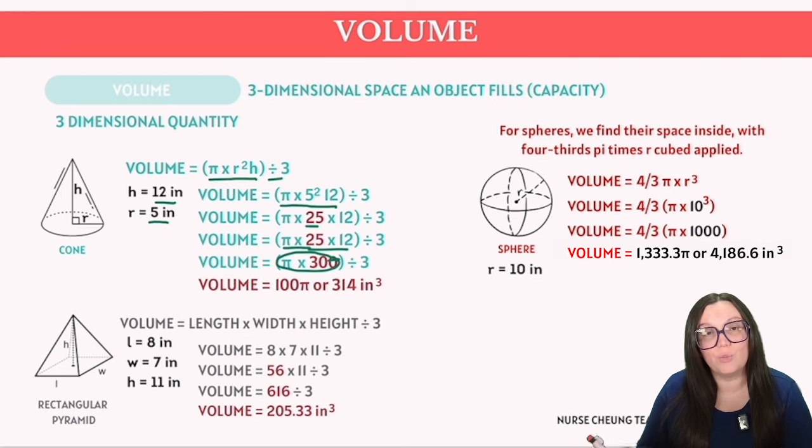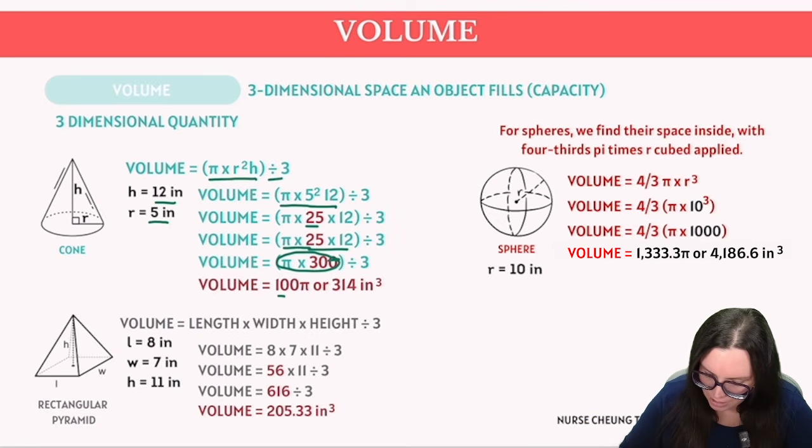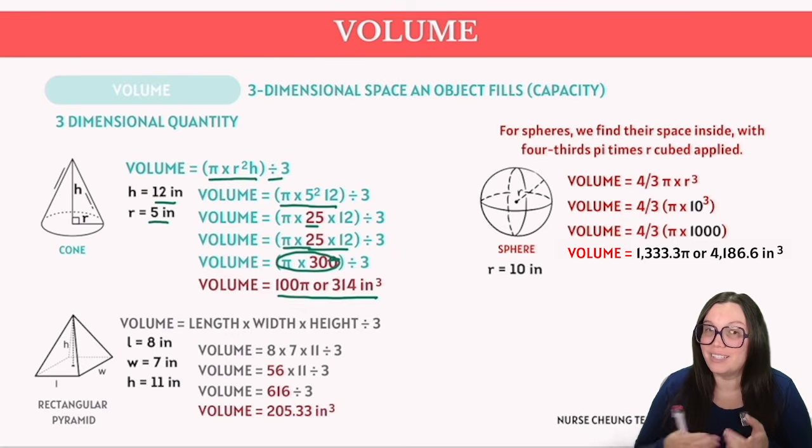All we're going to do now is divide that total number by 3. And that is either going to give us 100 pi or 314 inches cubed. Remember, the TEAS might test you on both of these examples.